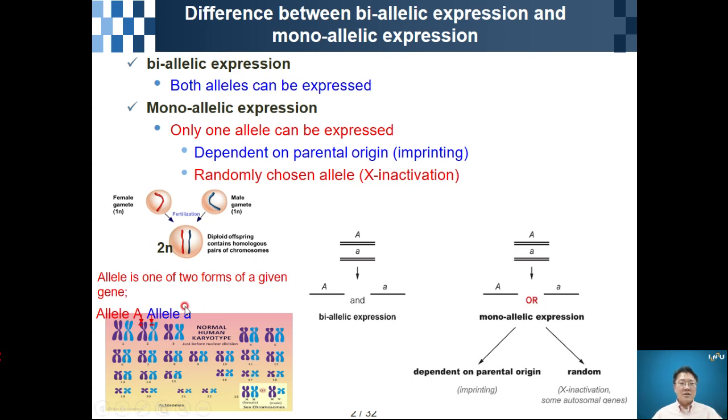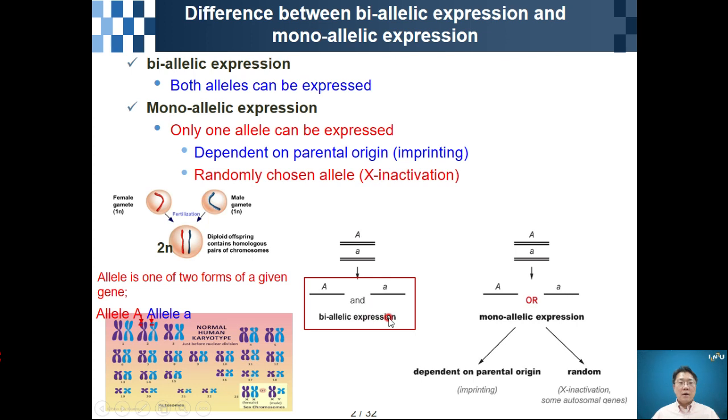In this case, we call the genotype large A, small a. Or large A can also come to here, so their genotype is large A, large A. So biallelic expression means that both alleles, large A and small a, can be expressed.